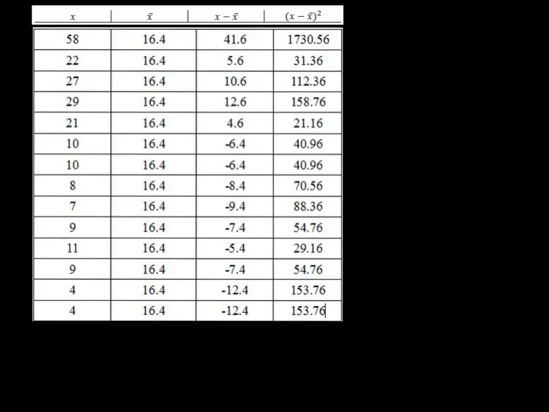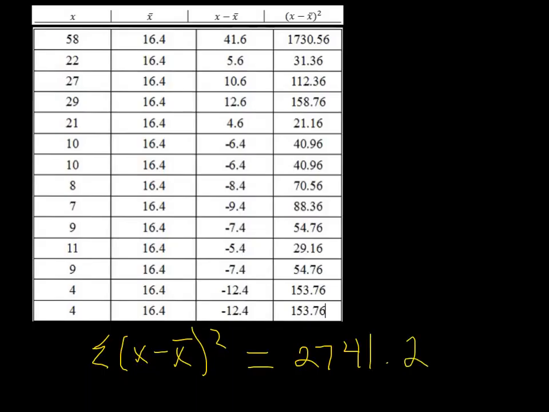So now we add up all the values in the fourth column and we get the sum of those deviations from the mean squared. And that value is equal to 2,741.24.